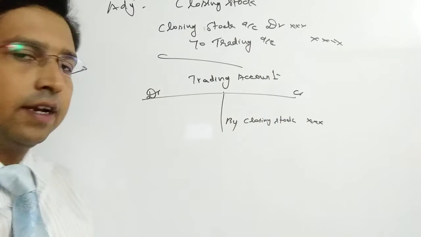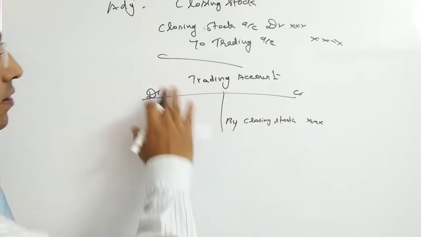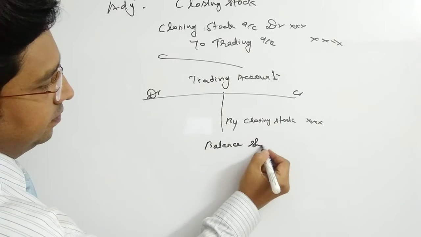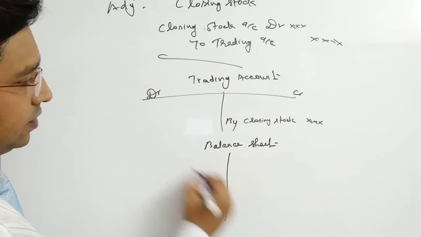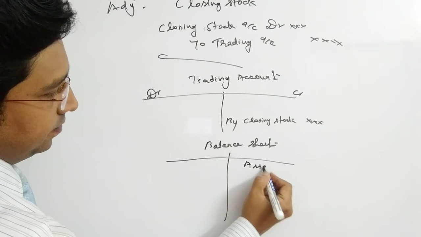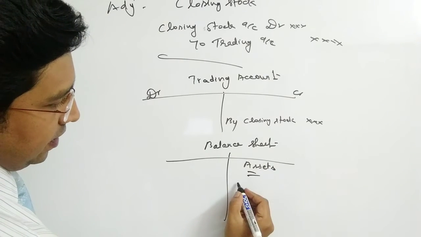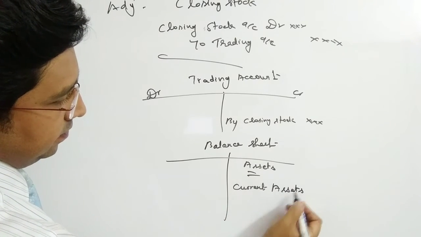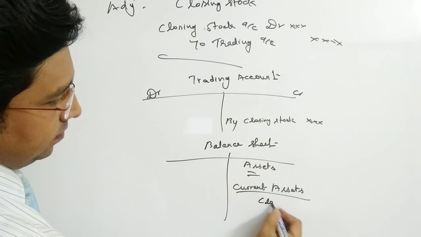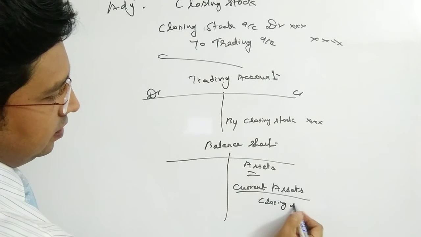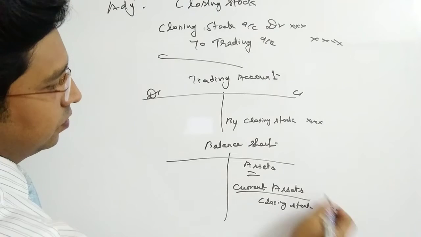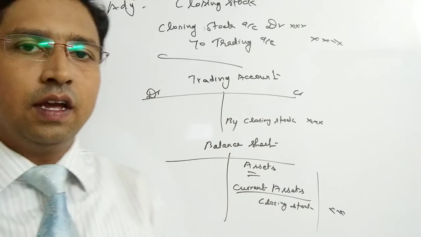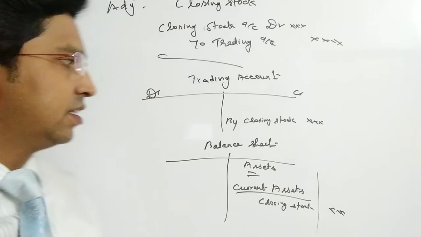Closing stock is otherwise called stock in trade. The second treatment would be in the balance sheet: on the asset side, under the subcategory of current assets, closing stock would be placed. This is the treatment for the closing stock if it is in the adjustments.